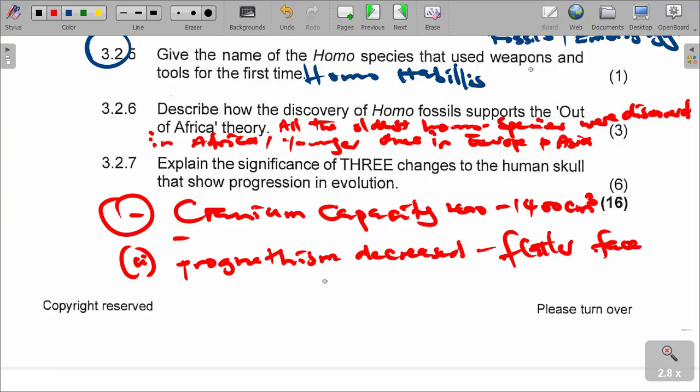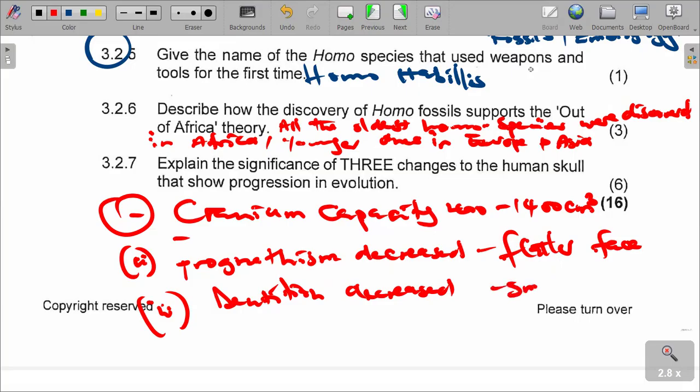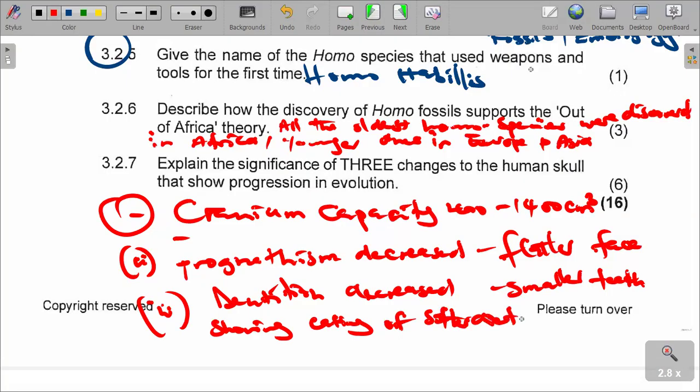And then also dentition decreased. It also decreased to smaller teeth, which actually showed that softer diets were eaten, showing eating of a softer diet.